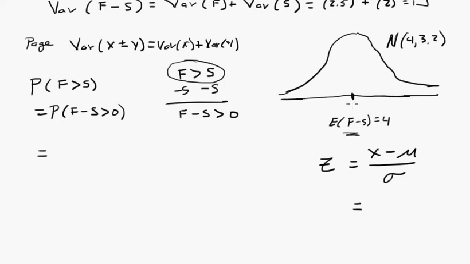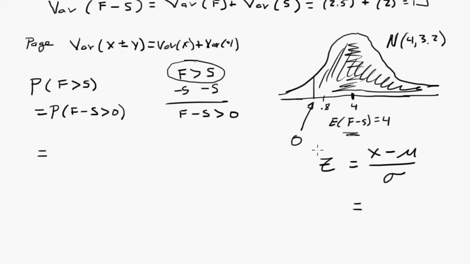If this is 4 and we subtract off 3.2, what this is going to be about I think it's going to be 0.8, something like that. So 0 is going to be right about here. So we want to know the probability that it's greater than. So that would be all this area in here. All right. So our value of interest, our observed value, is 0.